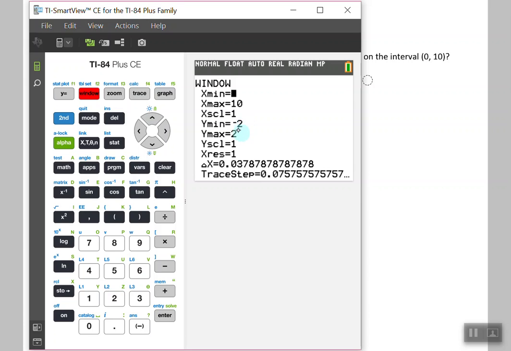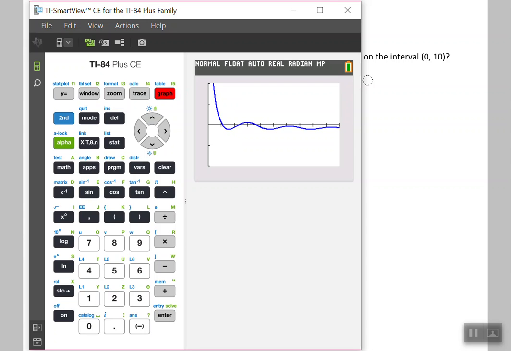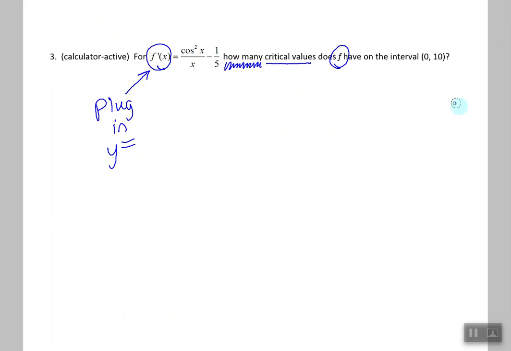So I've picked values close to y equals 0, like negative 2 and positive 2. Now when I look at the graph, it shows me here it equals 0, here it equals 0, here it equals 0. This is f prime. All the places where f prime equals 0 happen 1, 2, 3 times. We weren't asked what they are, we were just asked how many.